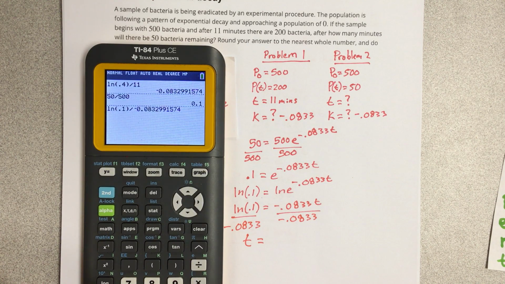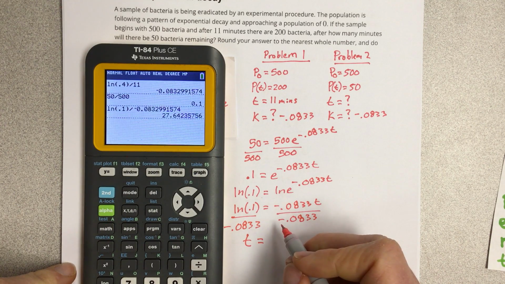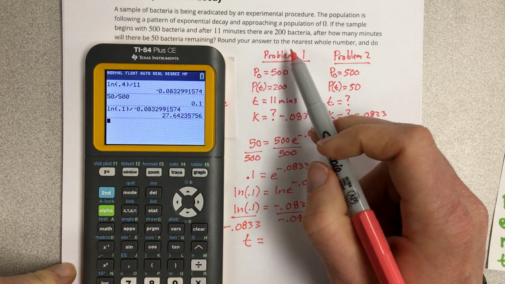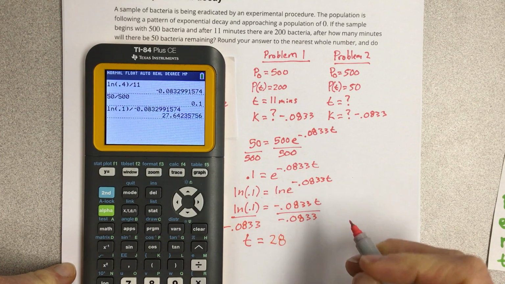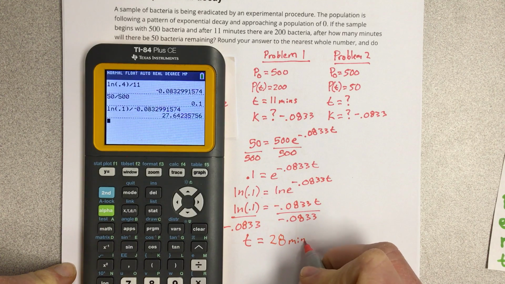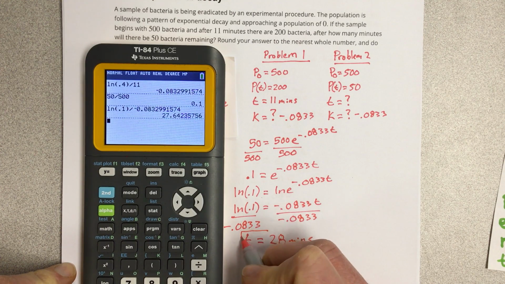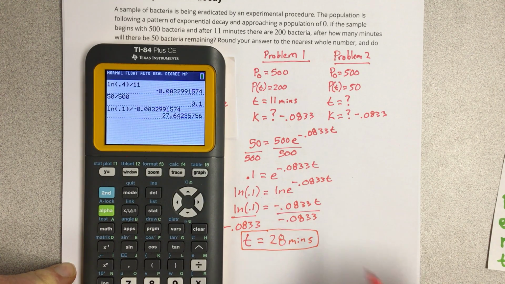And it gives you 27.64. It says round your answer to the nearest whole number, so that'd be 28. And we're talking minutes, so it's 28 minutes it would take to drop that bacteria from 500 down to 50.